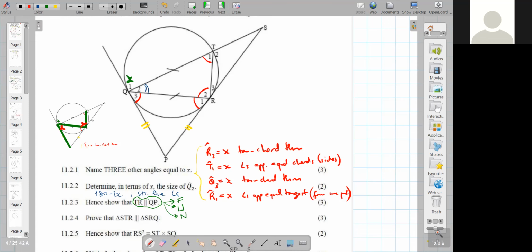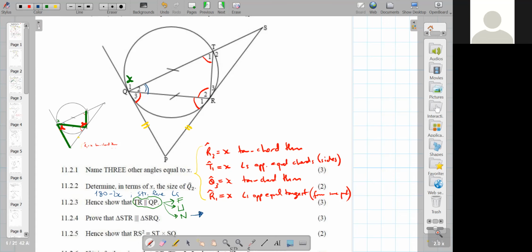Remember, alternate angles are not always equal. If the lines are parallel, alternate angles are equal. And if the alternate angles are equal, then the lines are parallel. So this is what we are going to say now. Alternate angles are equal, that's why the lines are parallel. It seems easier to go with alternate angles.